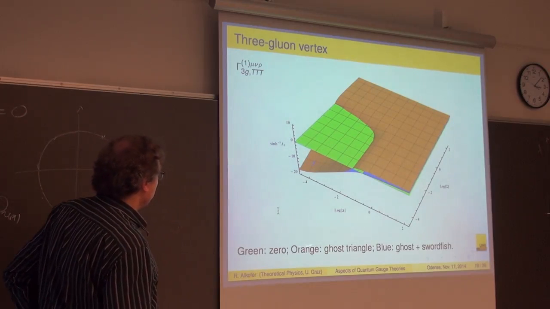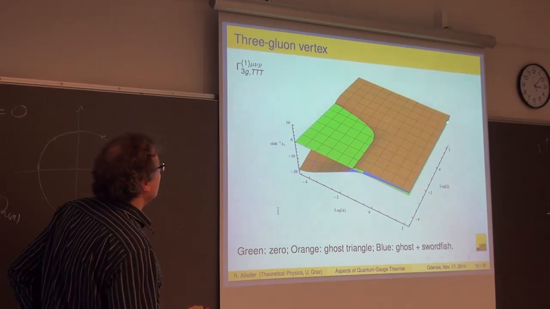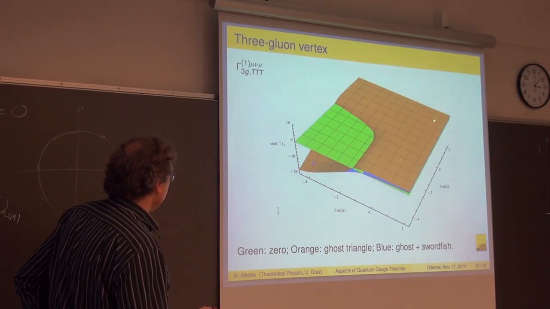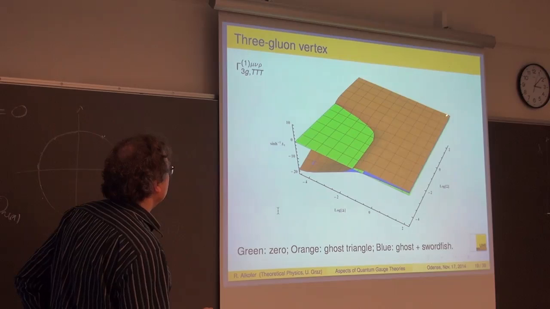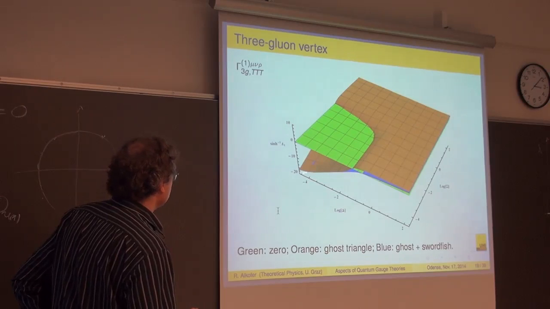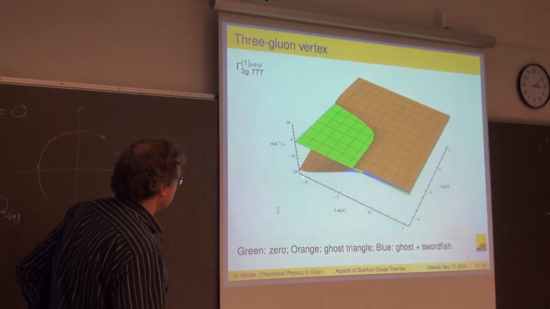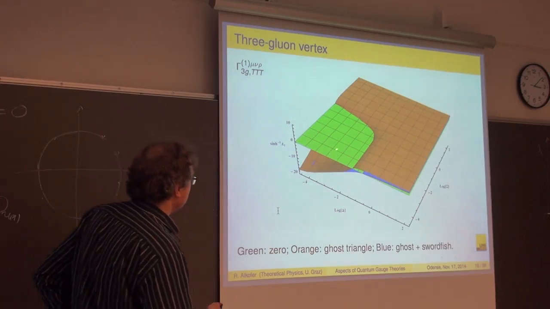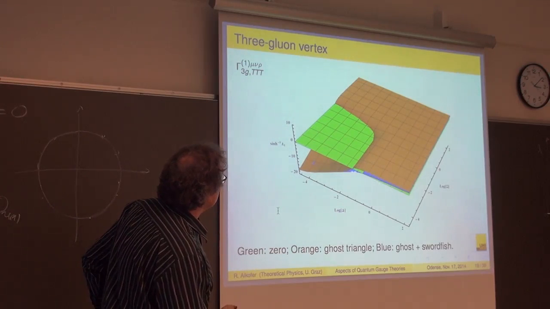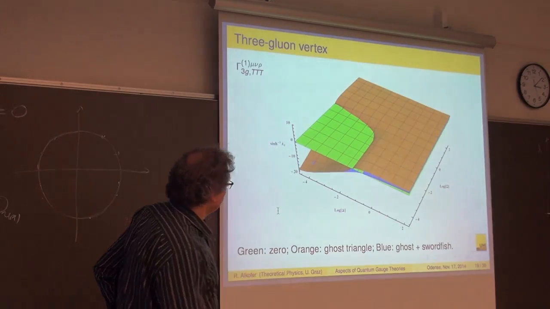And you see that you start positive for very large values of Euclidean momenta, and if you go in, then the contribution of the ghost triangle becomes at some point negative, becomes extremely strongly negative and diverges to the negative region. The other diagrams are not so important, but of course what they do is they shift the zero. So they are subleading, but exactly their relative size in this region is important to locate the zero.